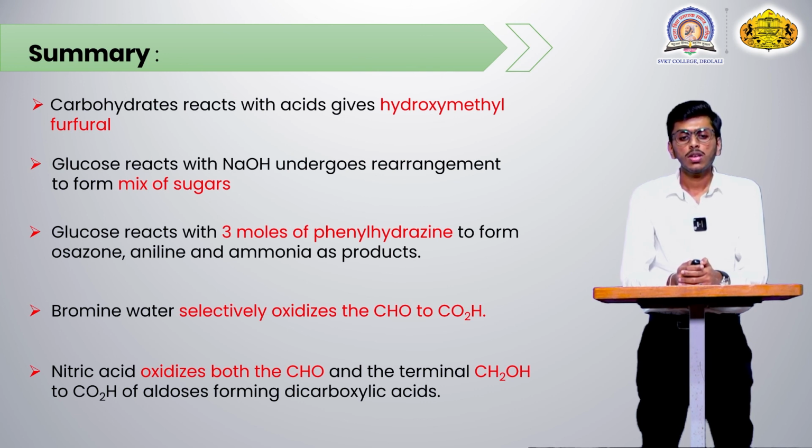The bromine water selectively oxidizes the aldehyde group to an acid group. Nitric acid, which is a strong oxidizing agent, oxidizes both the aldehyde as well as the terminal alcohol group to carboxylic acid groups and gives us a dicarboxylic acid with the carboxylic acid present at the 2 ends of the sugar.